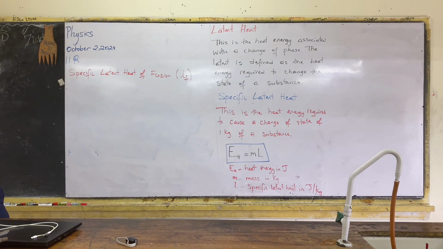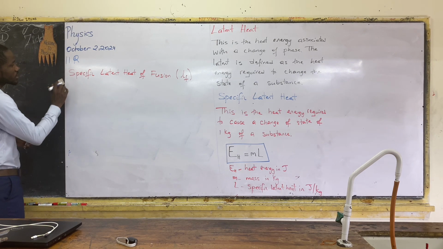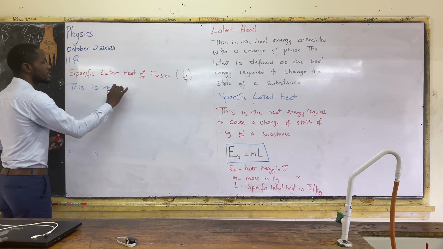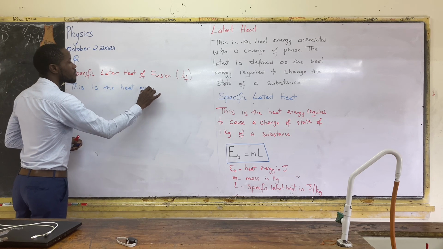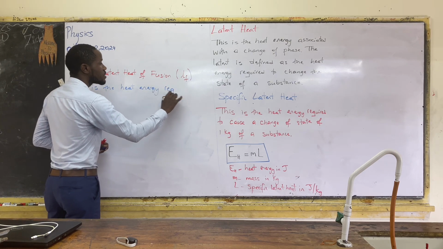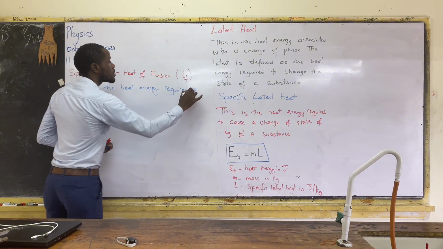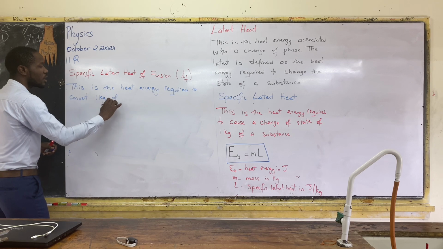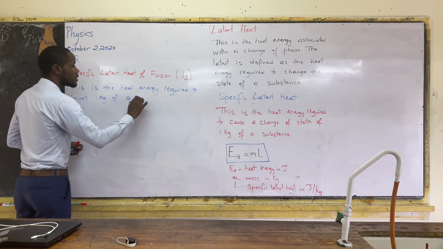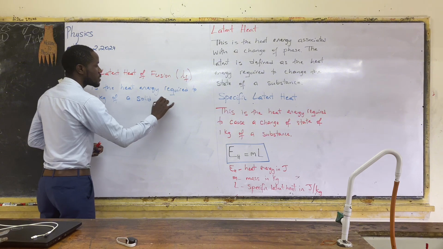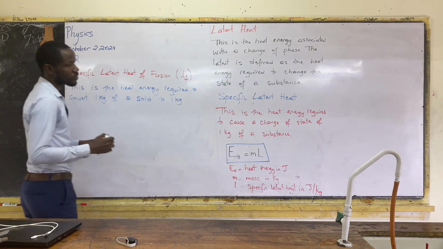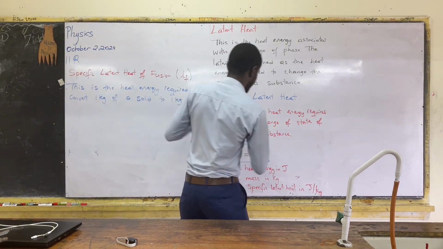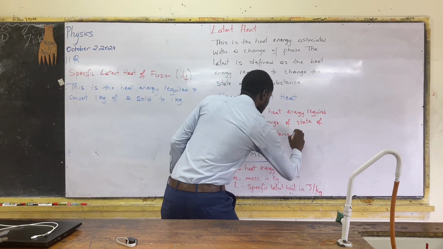So we're going to define this now. We're going to say that this is the heat energy required to convert 1 kilogram of a solid to 1 kilogram of liquid. And here we could add, at constant temperature.